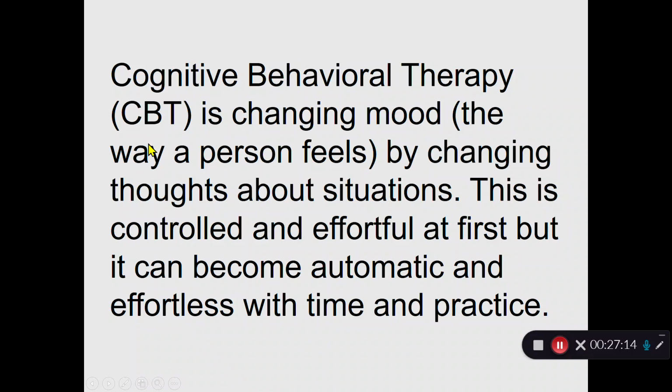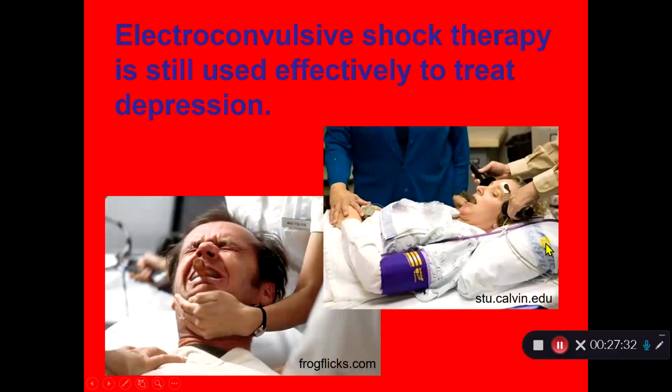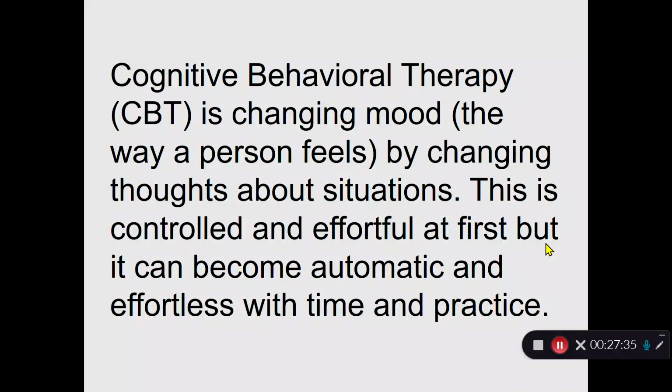Its goal is to change mood by changing thoughts about situations. So with CBT, you explicitly change your thoughts about situations, and that can change your mood. If you respond to a situation in a different way, it might not make you stressed and anxious, and it might not lead you to become depressed. This is controlled and effortful at first. So cognitive behavioral therapy involves your controlled processes.